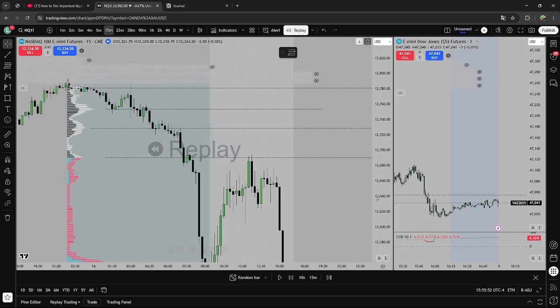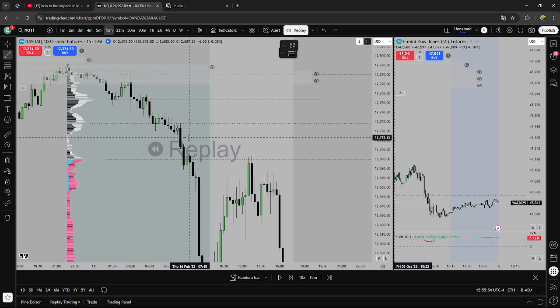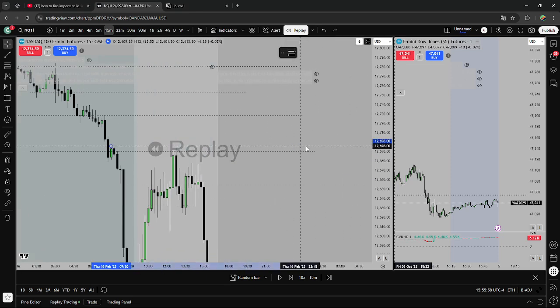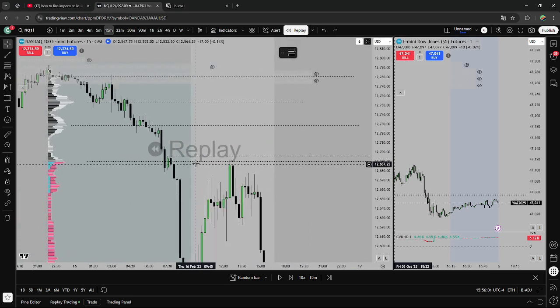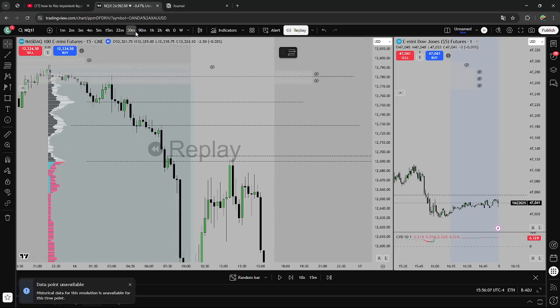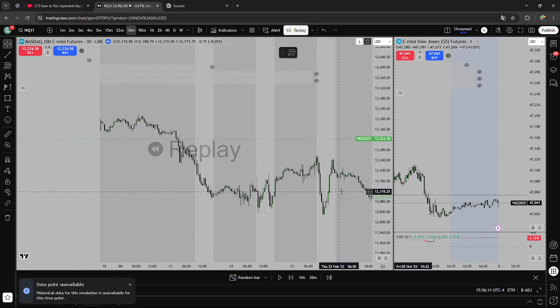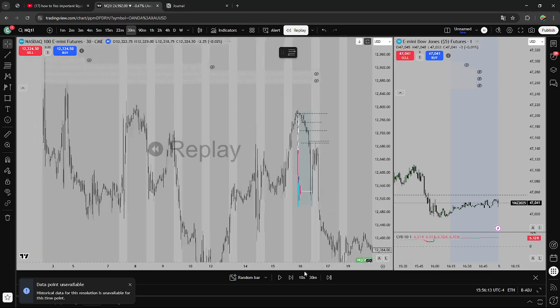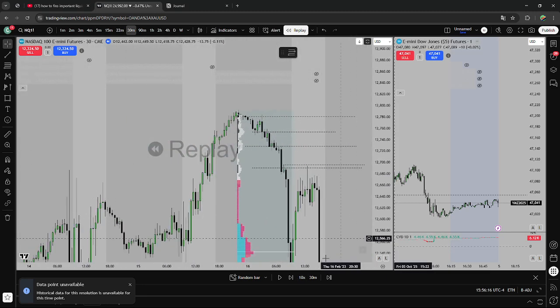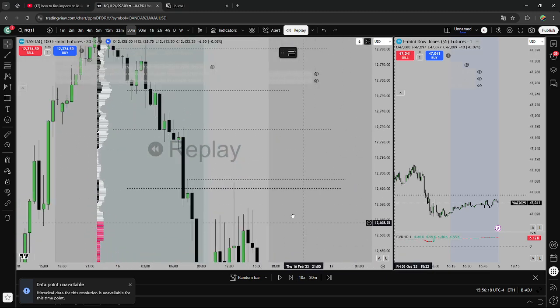But the first liquidity we have above it is this one, pretty obvious, which we actually didn't tap. We have this order block instead, and maybe we could have used that order block as an entry or as an array. And maybe that's a good thing to do, but I don't know yet because I'm just studying this.